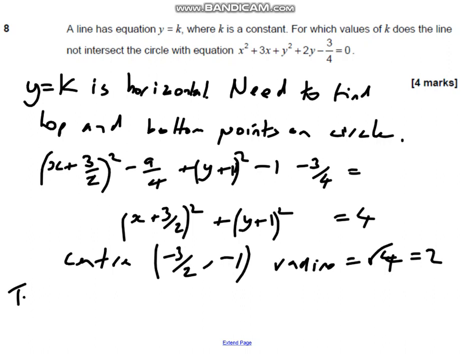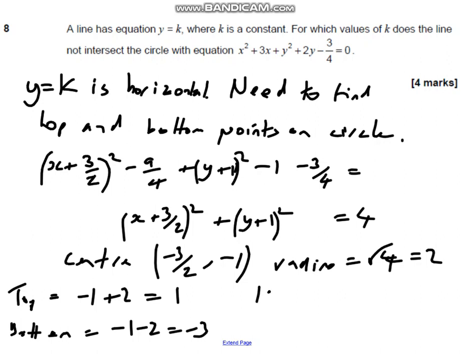So that means that the top of our circle must be at minus 1 plus 2, which is 1, and the bottom must be at minus 1 minus 2, which is minus 3. So therefore the line y equals k does not intersect the circle where k is greater than 1 or k is less than minus 3.